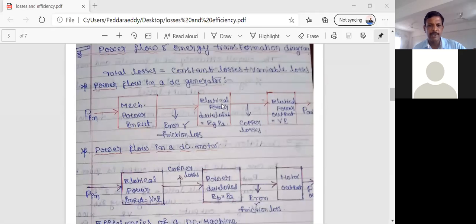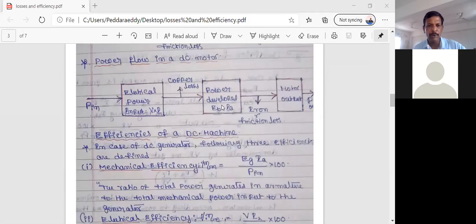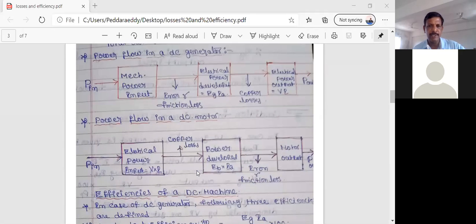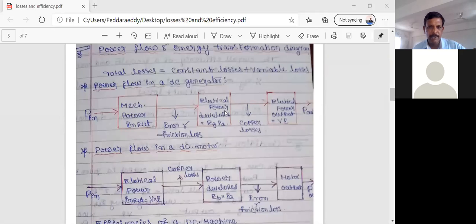In this generator, we need to derive the mechanical efficiency. Mechanical efficiency is this one: EG IA, the power developed in the armature, by the mechanical input.